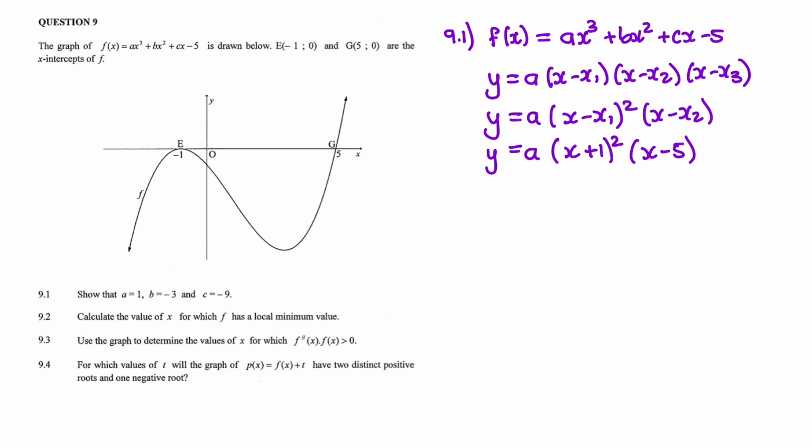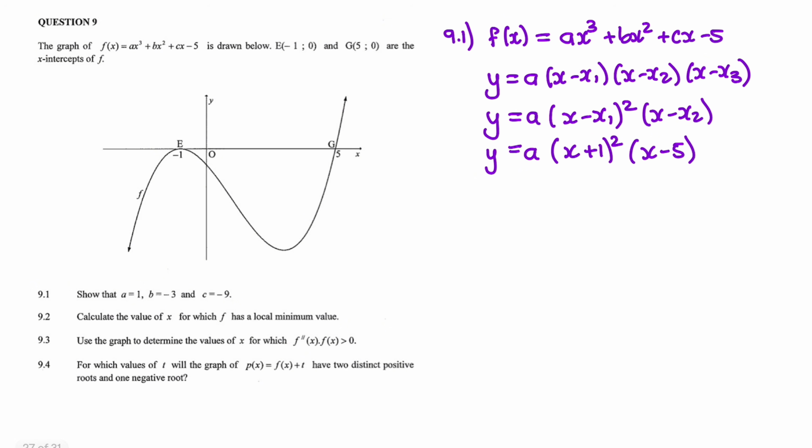The reason that I put in the plus 1 with the square is that it represents the turning point or the stationary point at E. So E equals -1 represents both x1 and x2, or you can say that's the intercept that repeats because the turning point is on the x-axis. And remember, it's minus x1, so it is minus -1, and that's why we have plus 1.